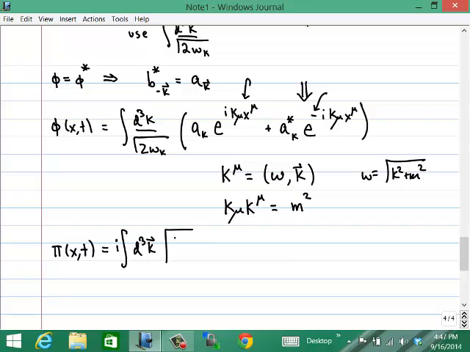So that normalization factor is not 1 over the square root of 2 omega, but the square root of omega k over 2. And then you get ak times e to the I k mu x mu minus the complex conjugate.